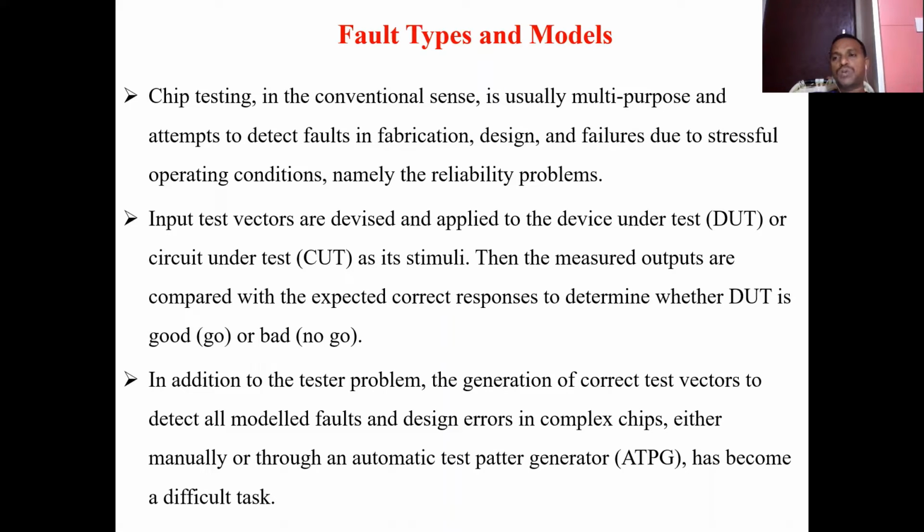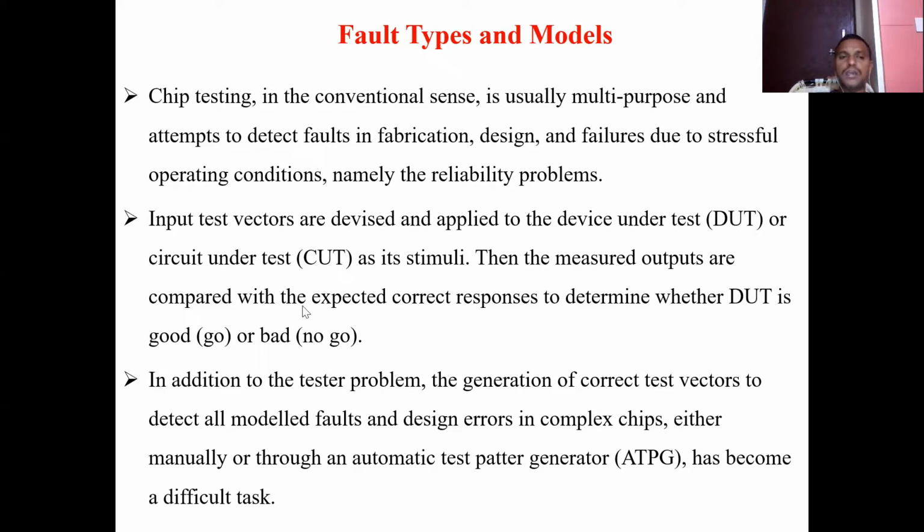So whatever circuit you are going to test is called the circuit under test or device under test. Then the measured outputs are compared with the expected correct responses to determine whether the DUT is good or bad.